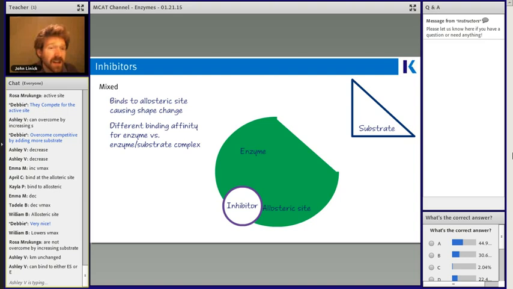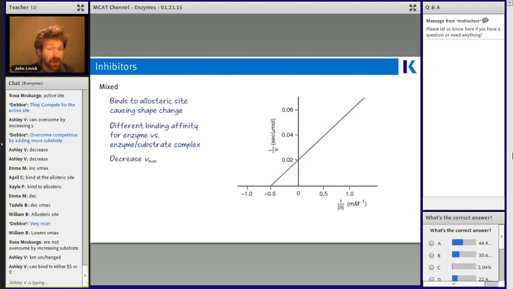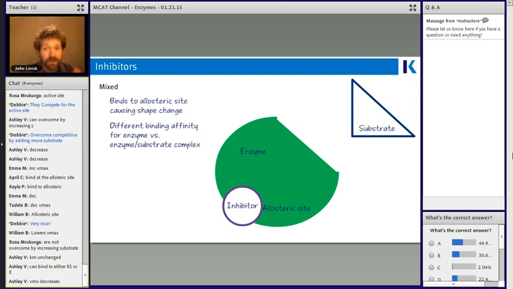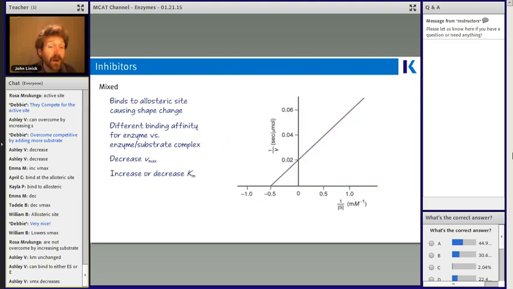So the thing to be aware of with mixed inhibitors, because they're a little bit wonky, is that no matter what, you will definitely decrease Vmax. We don't really know about Km. You could either increase or decrease Km, and since it's sloppy, it's less likely to show up on test day.